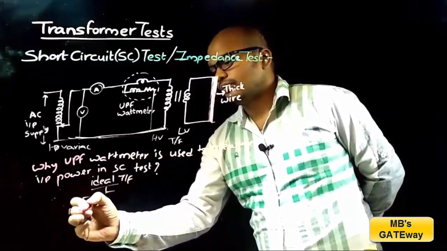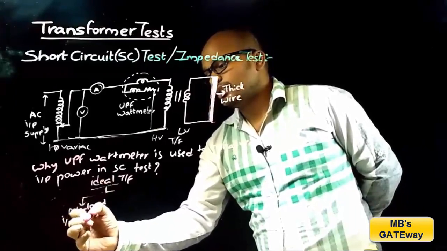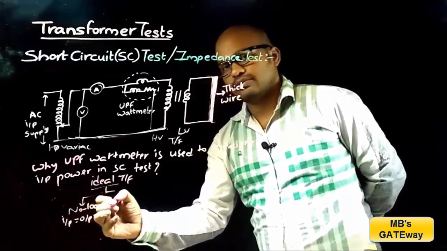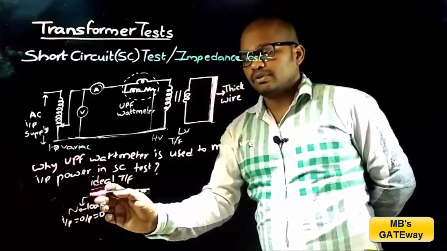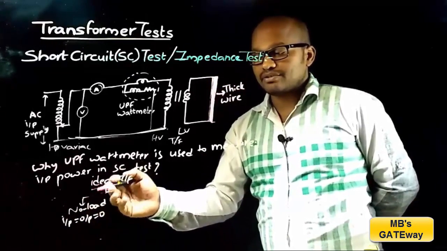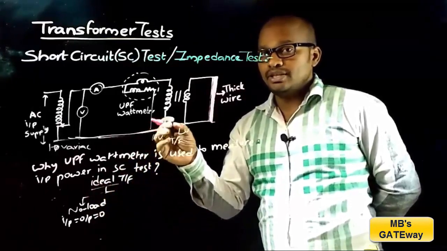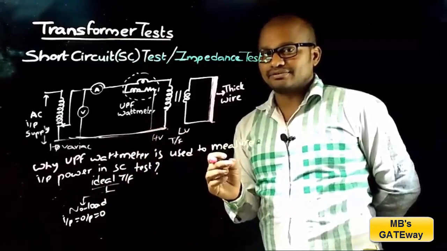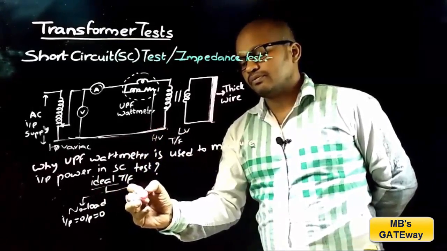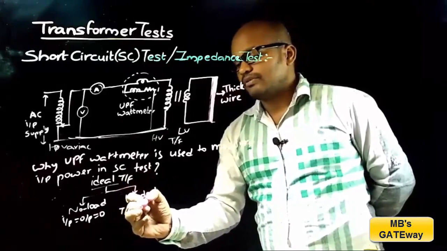In case of a no load ideal transformer, input power is equal to output power is equal to 0. That is, in case of a no load ideal transformer, the power intake by the transformer is 0. Whereas in case of an actual transformer, the transformer will draw some power, and that power is used to meet the core losses in the transformer.